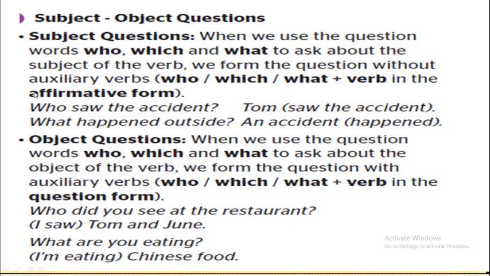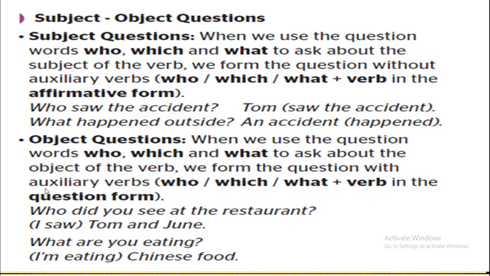In contrast, when we talk about object questions, we use who, which, and what, in addition to other question words, to ask about the object of the verb. And we form the question by putting the question word at the beginning and the verb next, but the verb is in the question form, so we need to invert.